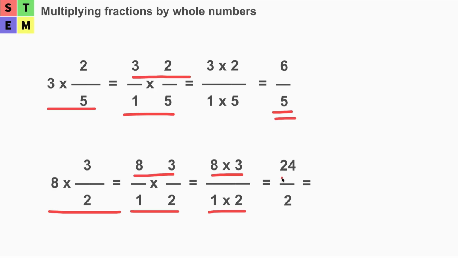So what is 24 divided by 2? That is 12, right? So 12 is the final result. As I mentioned, we need to simplify the fraction where we can. So 24 divided by 2 equals 12, and 2 divided by 2 equals 1. So 12 over 1 equals 12.